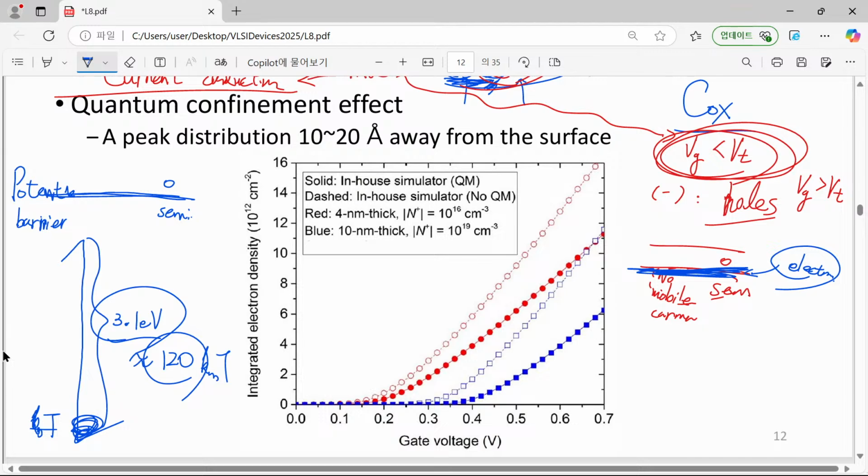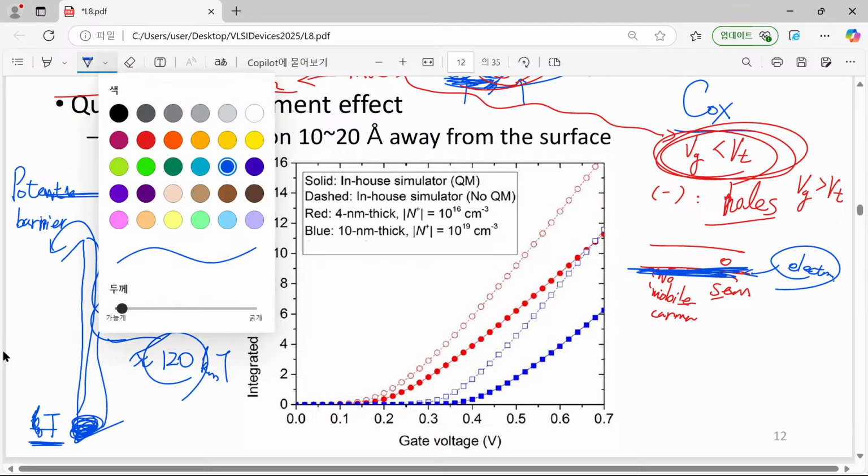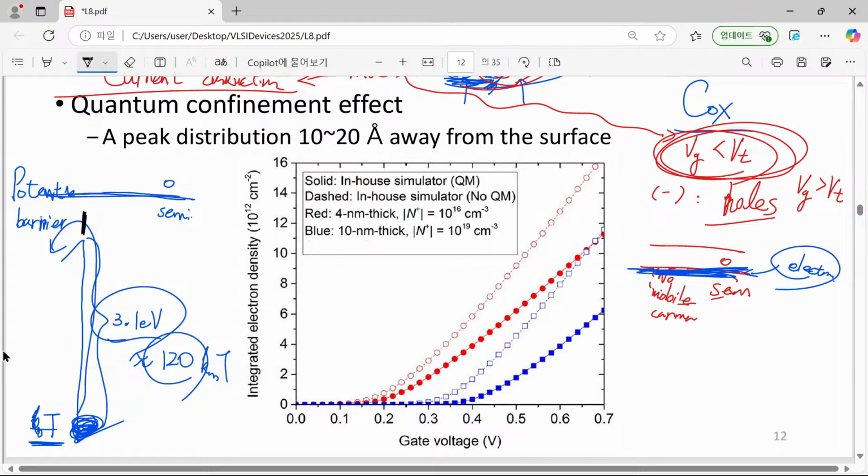So from their viewpoint, it is a barrier they cannot overcome. So this exact interface between oxide and silicon should be regarded as a hard wall for our electrons.